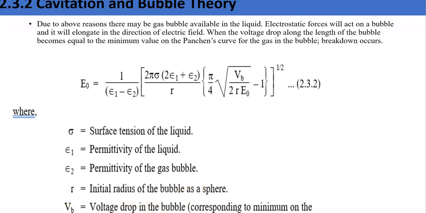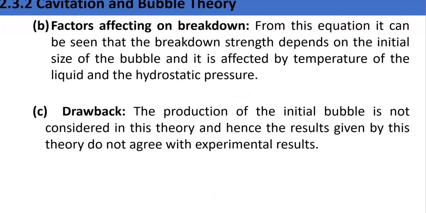Then VB, the voltage drop in the bubble, which will be the minimum potential of Paschen's law. So what are the factors affecting breakdown? From the equation you can see breakdown strength will depend upon the initial size of the bubble, and it is affected by the temperature of the liquid, because temperature of the liquid is also important for the gas bubbles, and the hydrostatic pressure also. So the hydrostatic pressure of the liquid is very important.